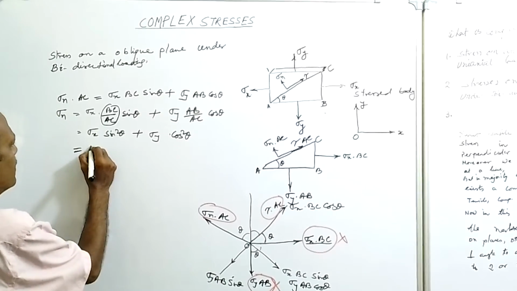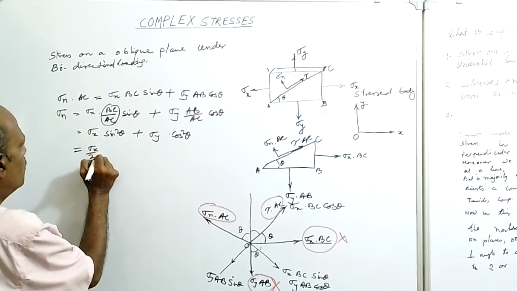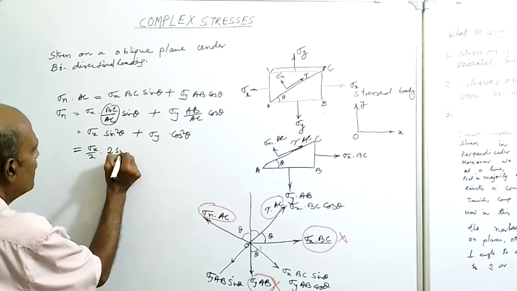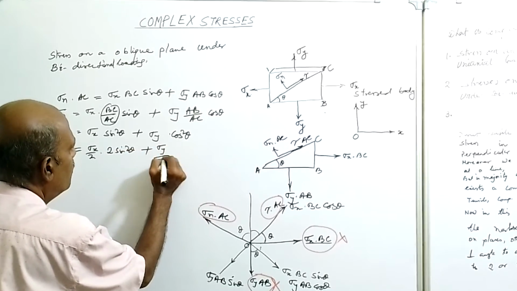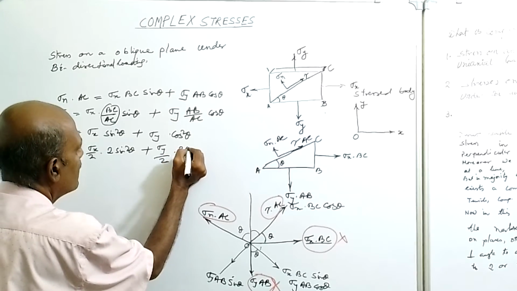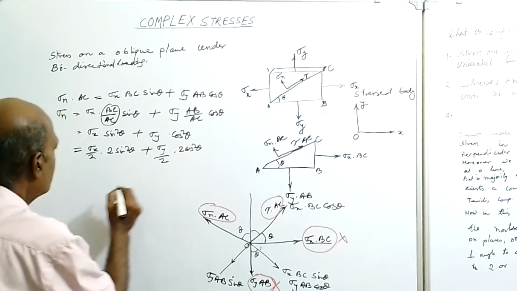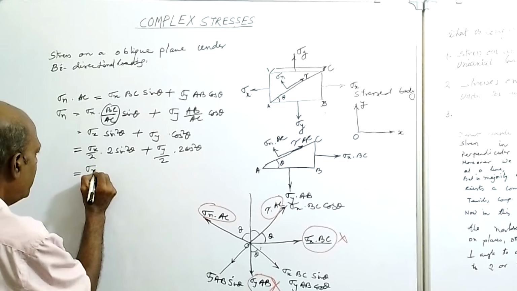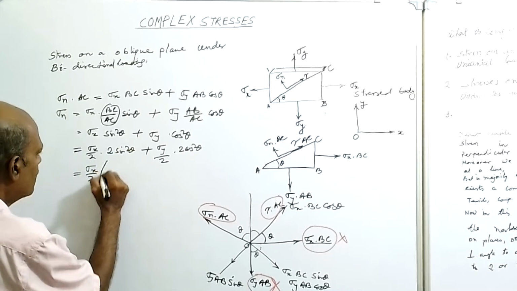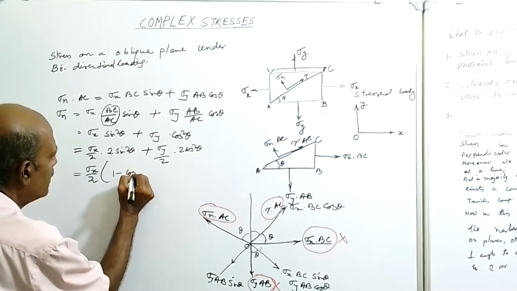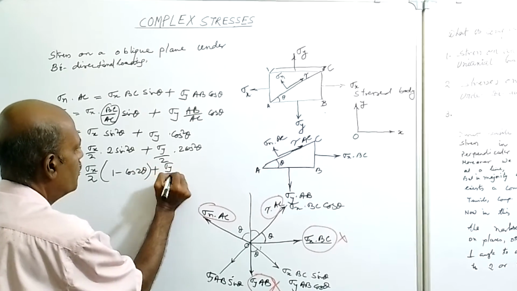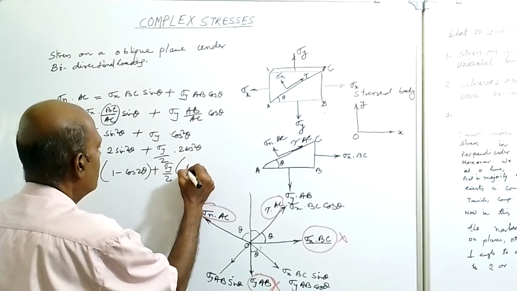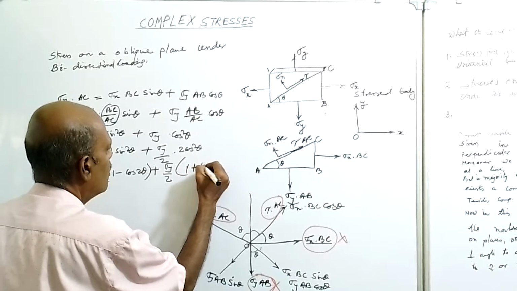Or we can write sigma x by 2 into 2 sin square theta plus sigma y by 2 into 2 cos square theta. So by using the formula, we can write 2 sin square theta is equal to 1 minus cos 2 theta, and 2 cos square theta is equal to 1 plus cos 2 theta.